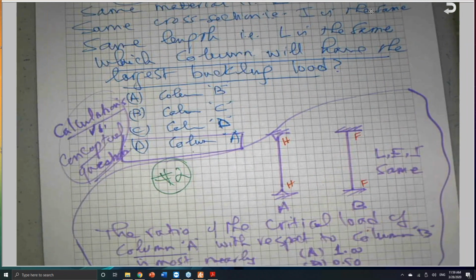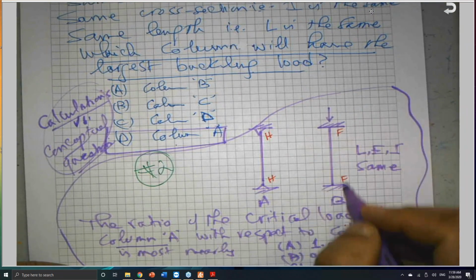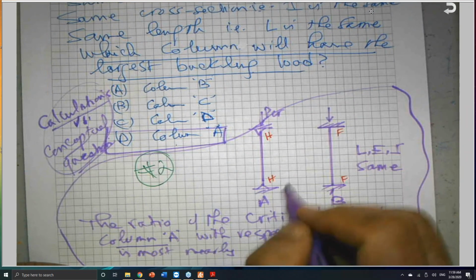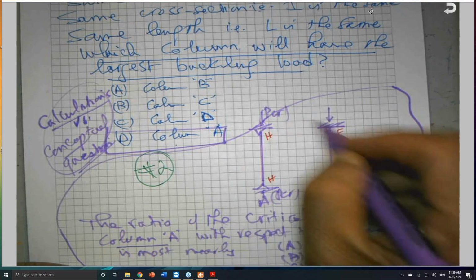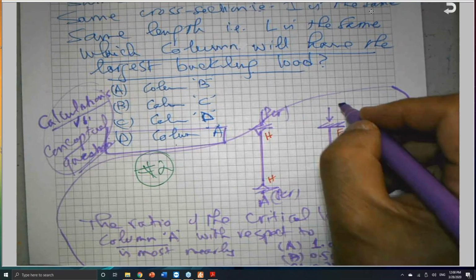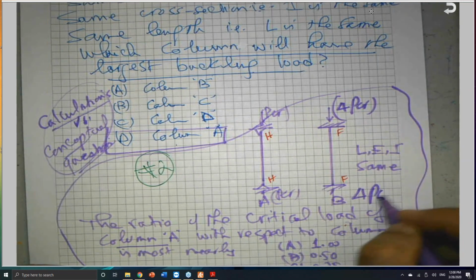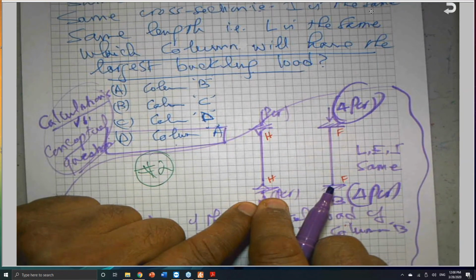If you look at this column here, if this is P critical, the critical load for this one is 4 P critical. This column will carry 4 times the load of this one when it buckles.